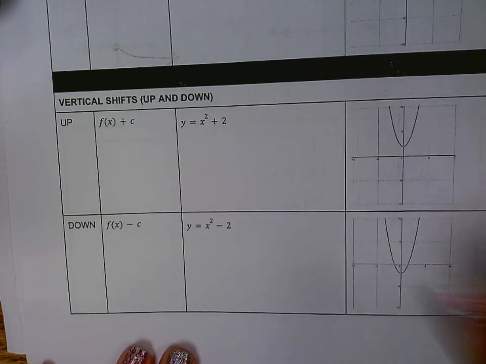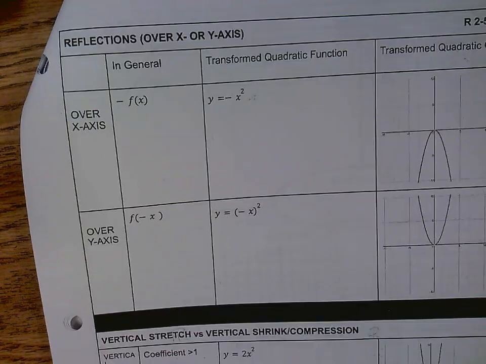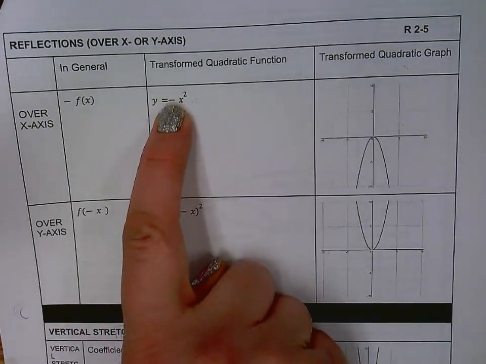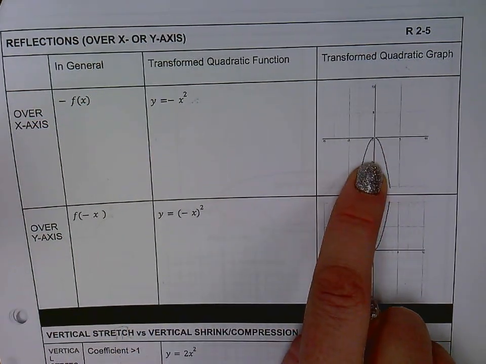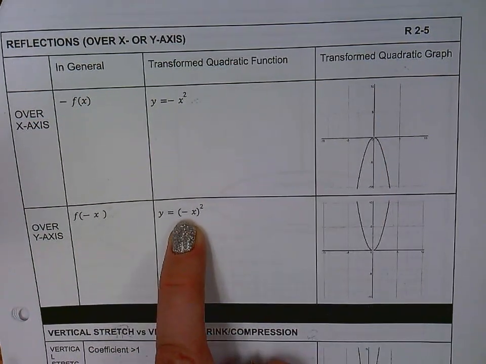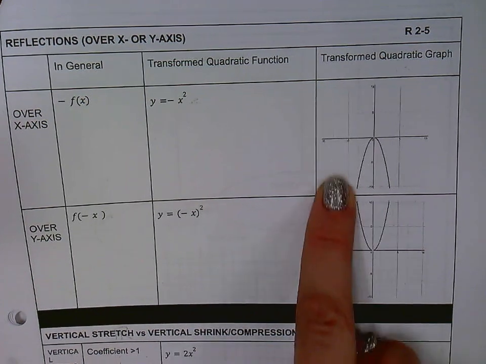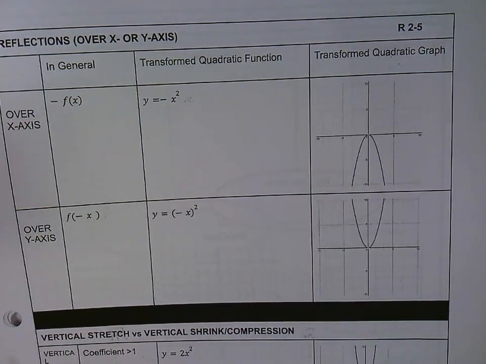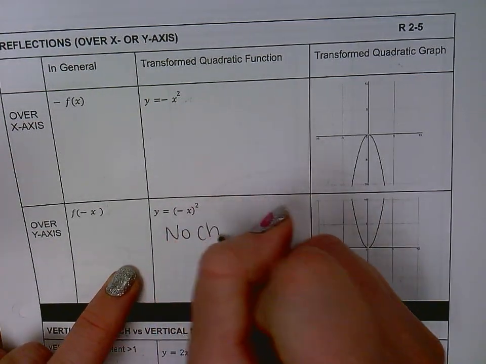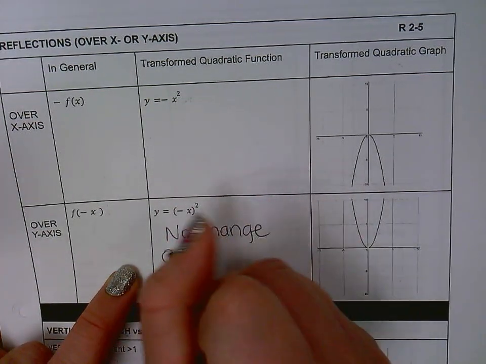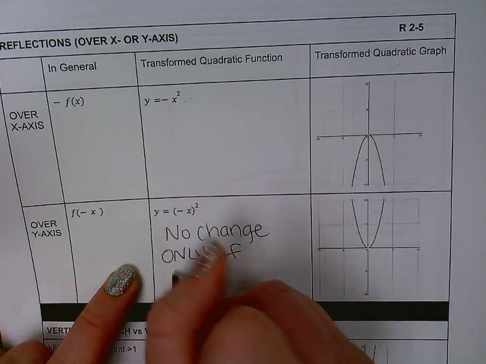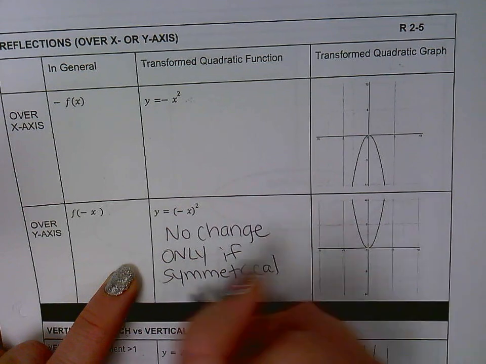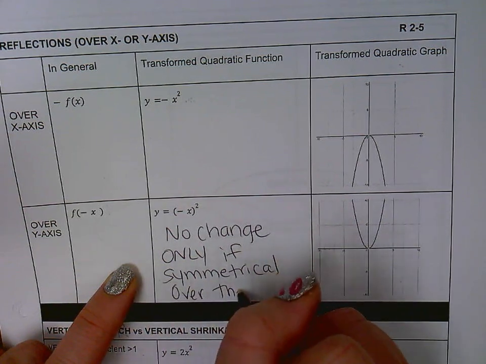So then the next page, there's nothing to write on this either. This is showing you when you put a negative in front, it flips it upside down. When you put a negative inside a parentheses, it basically shows no change because it's over the y-axis. You may want to add for yourself, no change only if symmetrical over the y-axis.